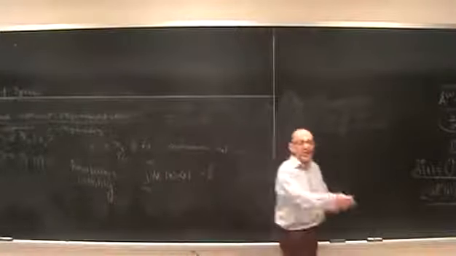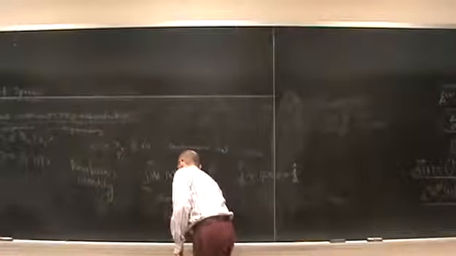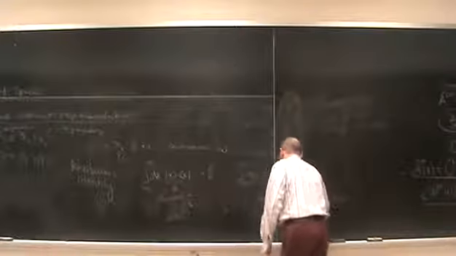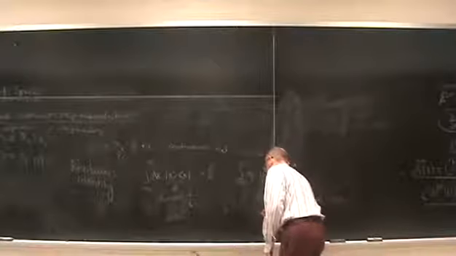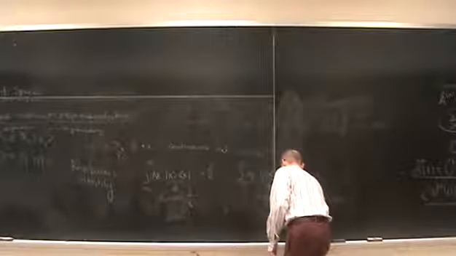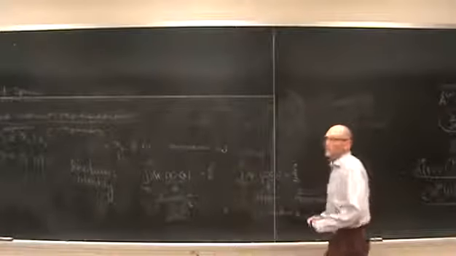This thing has the dimensions of 1 over length. It's a linear density. And this thing has the dimensions of 1 over momentum. It's a momentum density.